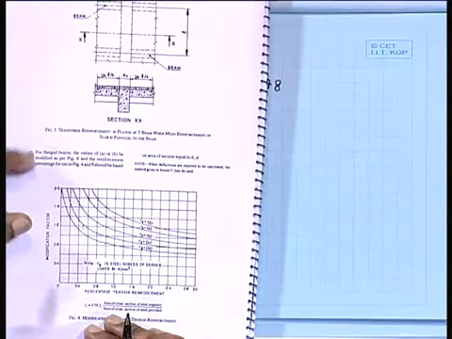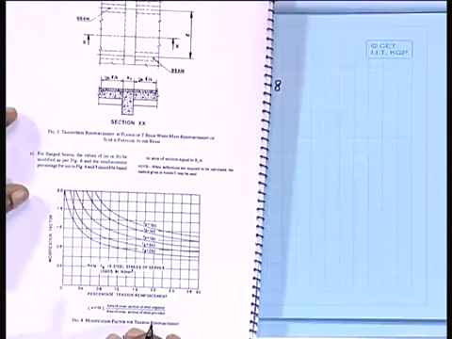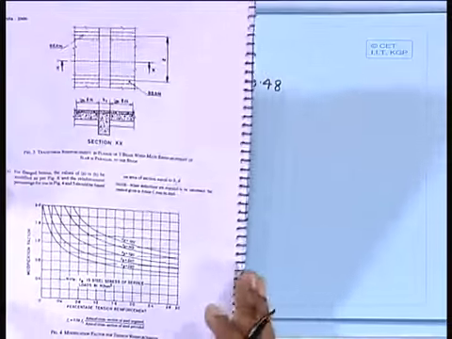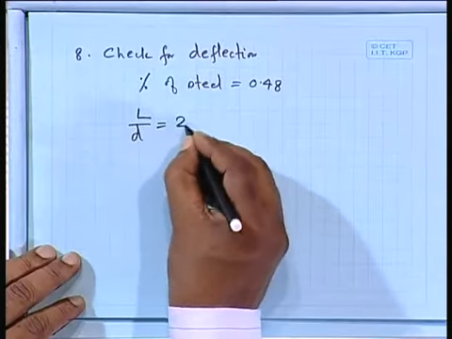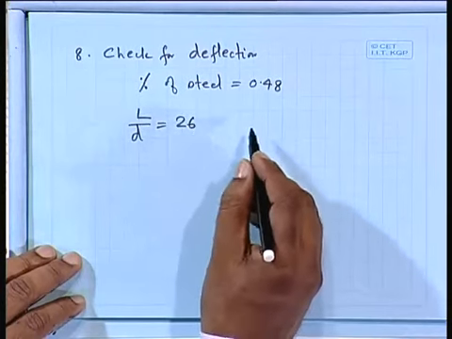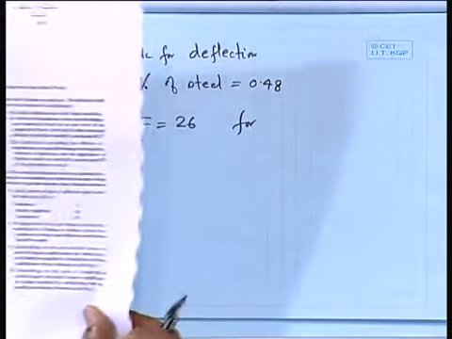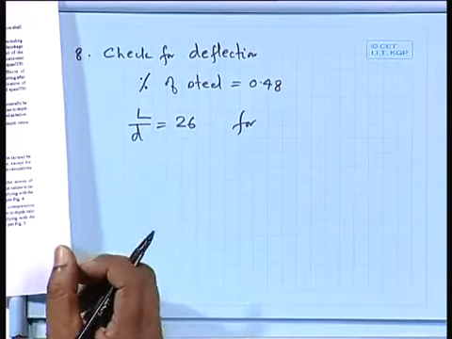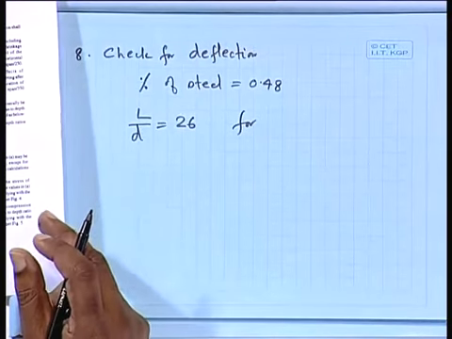Say your continuous beam or continuous slab, WL square. We have not taken WL square by 8, we have taken WL square by 10. So for continuous, we shall take the L by D ratio as 26. That you will get in clause 23.2.1, where it is given that basic values of span to effective depth ratios for spans up to 10 meter are: cantilever 7, simply supported 20 and continuous 26.